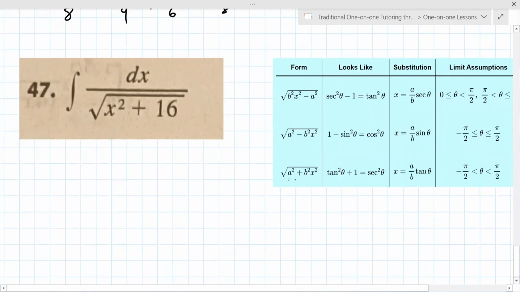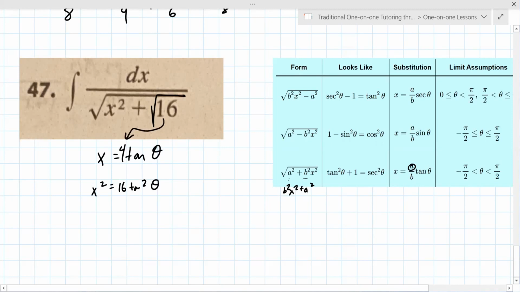It could be b squared x squared plus a squared, but what matters here is that you have an a, this other number here. So yours is going to be x equals tangent of theta, the square root of that number, which is why it becomes 4. Okay, so x squared is 16 tangent squared theta. Dx is 4 secant squared theta d theta.